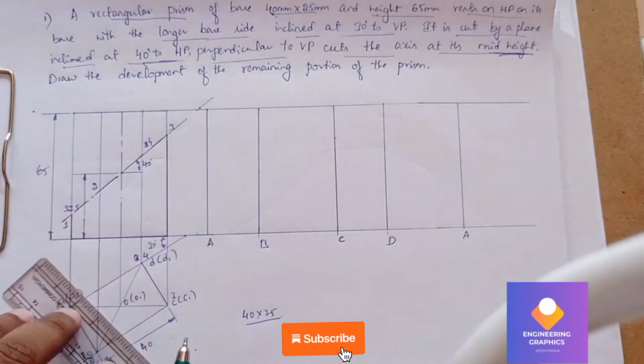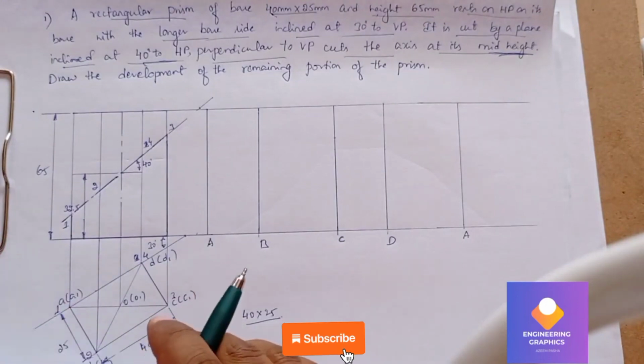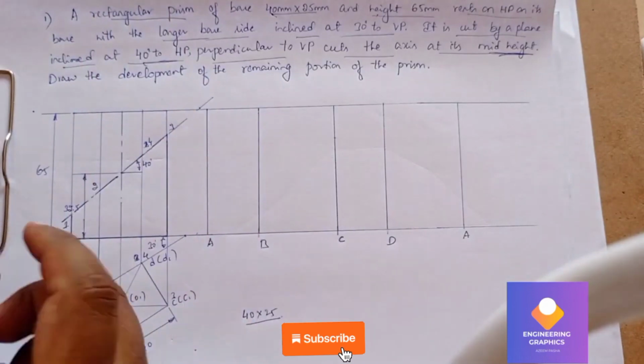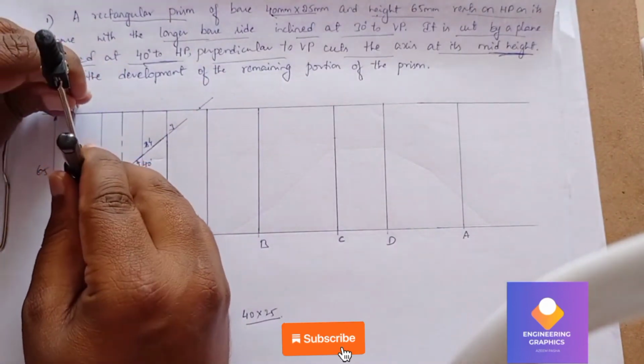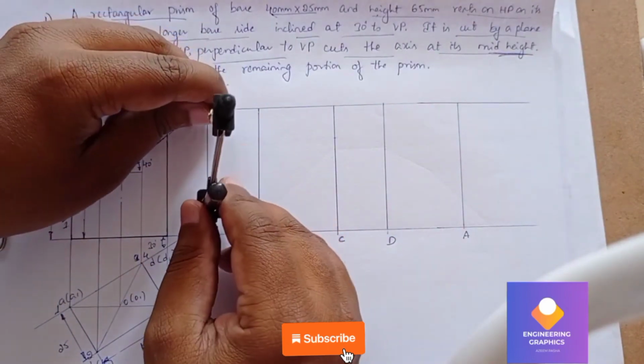We need to draw here. Exactly. After this, we need to mark the naming here. Where point 1 is occurring, again, you can measure either from the top face or the bottom face. I am measuring from the top face.